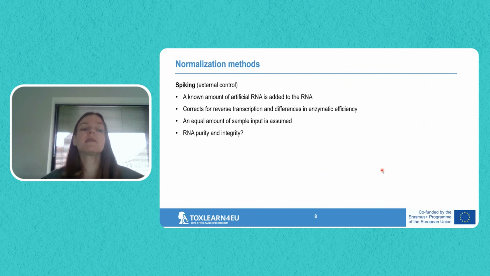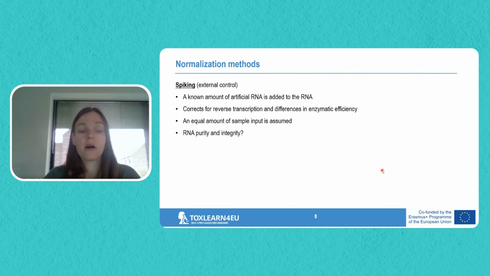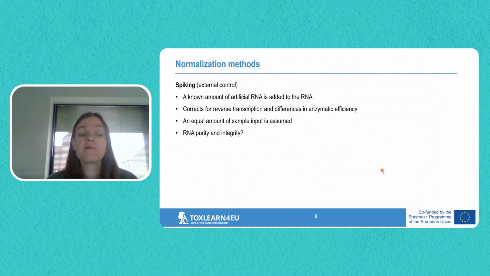Another possibility that is sometimes used is spiking the obtained RNA samples with an external control. So this means that a known amount of artificial RNA is added to your RNA samples. The advantage of this is that in this case, this will also correct for reverse transcription and differences in enzymatic efficiency.